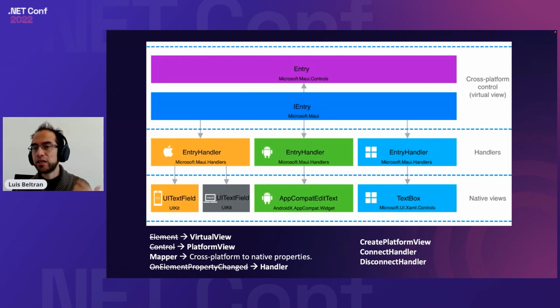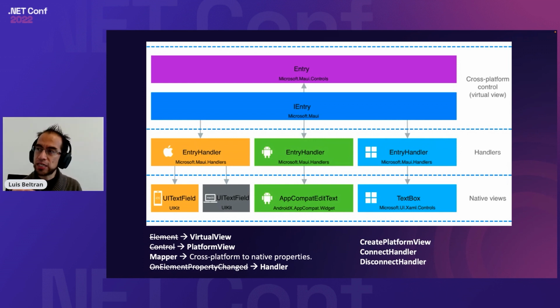Every handler class exposes a native view for the cross-platform control through an element known as platform view. And you can use it to set properties, invoke methods, subscribe to events of the native view. Furthermore, the cross-platform control implemented by the handler is exposed by a virtual view property, and you will see in the code in a minute.